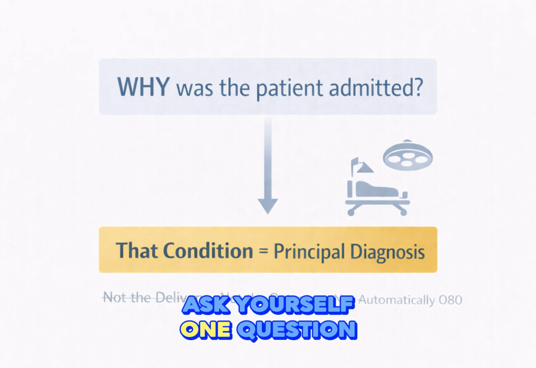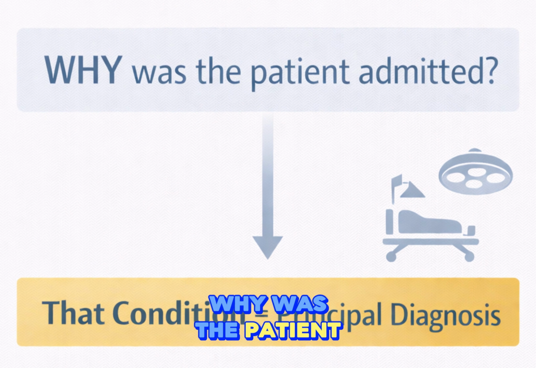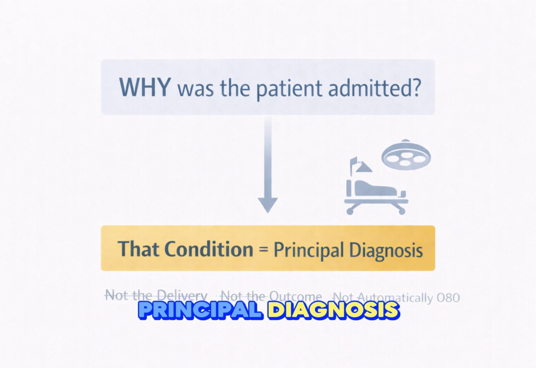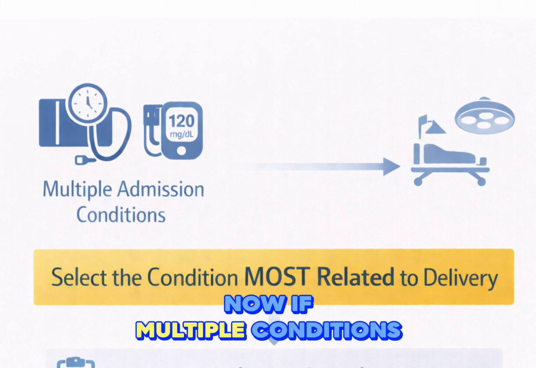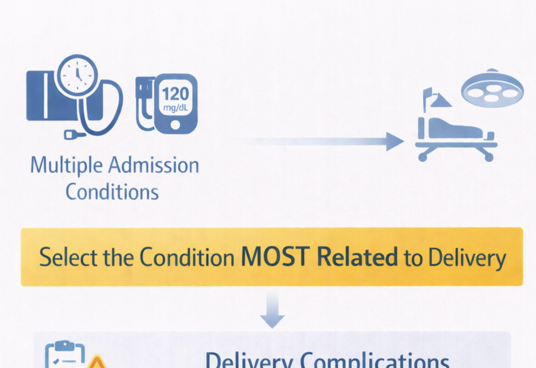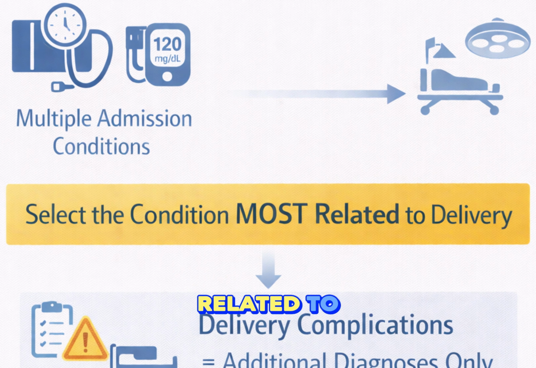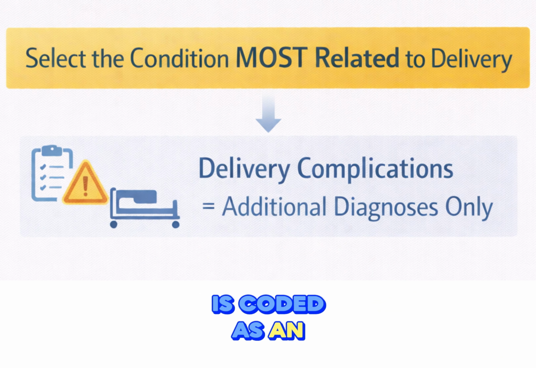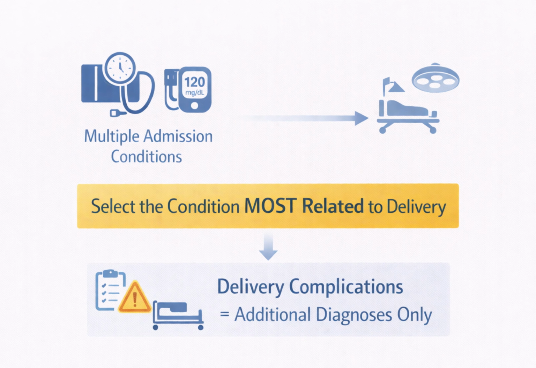Ask yourself one question: why was the patient admitted? That condition becomes the principal diagnosis. Now, if multiple conditions prompted the admission, you must sequence the condition most related to the delivery as principal. Any complication of delivery is coded as an additional diagnosis.